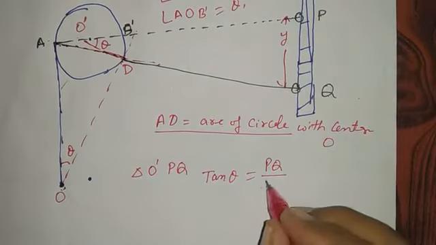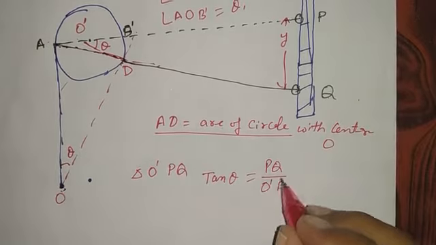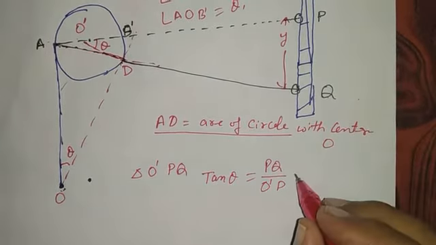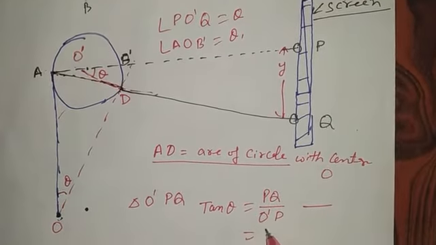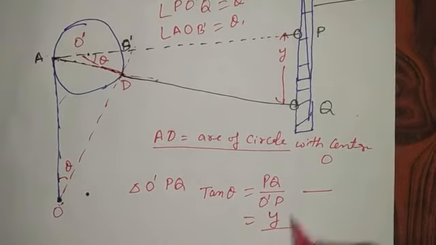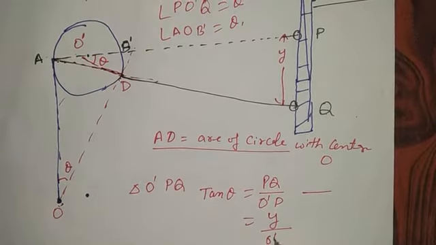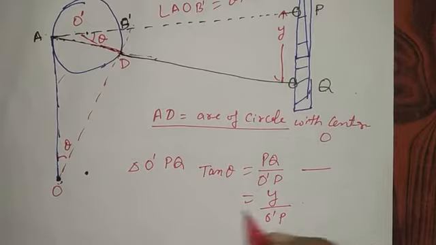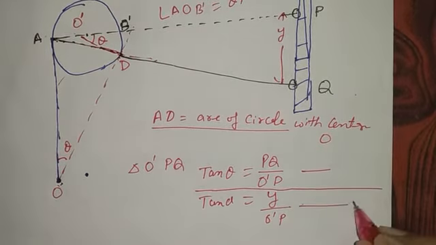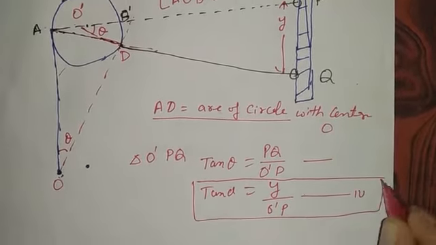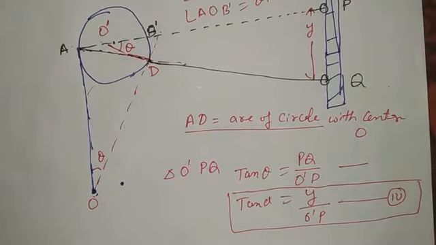This is O dash P, and it is PQ. PQ is here Y, the displacement due to the presence of the magnetic field. So Y by O dash P is equal to tan theta. Let this equation be represented by equation number 4.